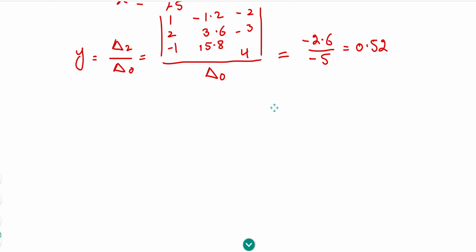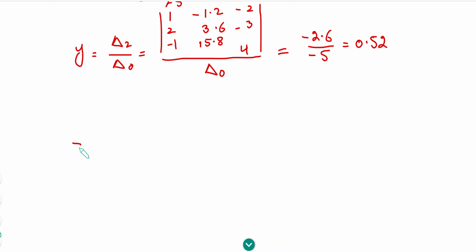Similarly we can find the value of z. z is equal to delta 3 divided by delta naught. Delta 3 is the determinant of our matrix A where the third column has been replaced with the matrix C. Here the first column is 1, 2, minus 1. The second column is 1, negative 1 and negative 2.